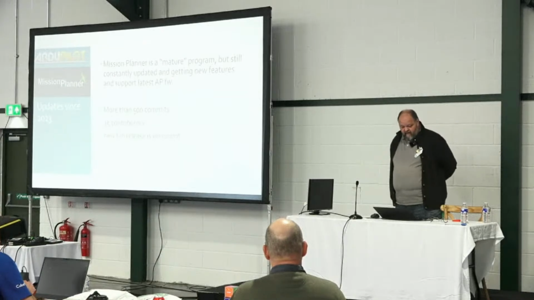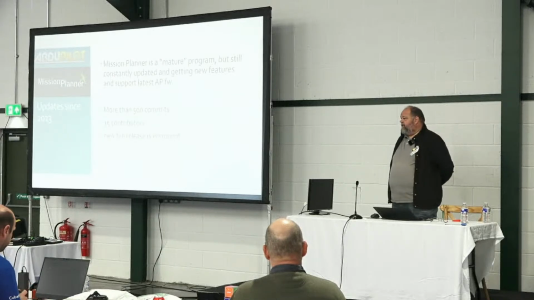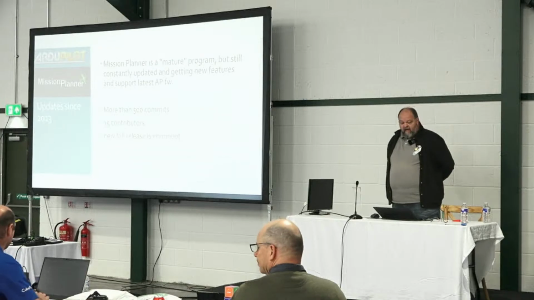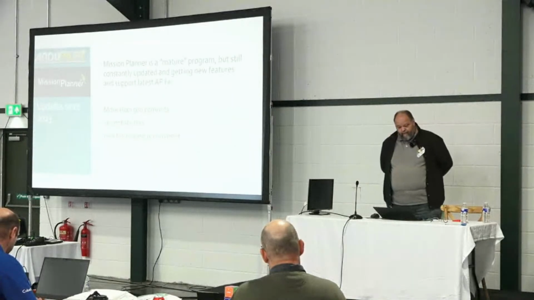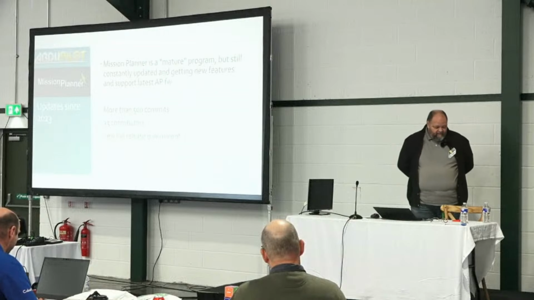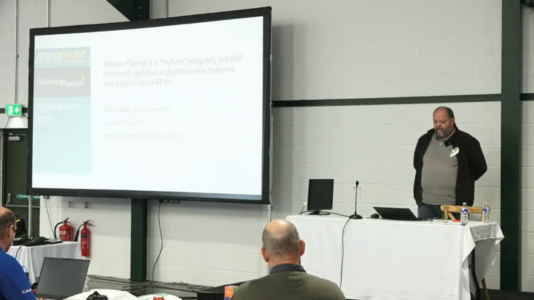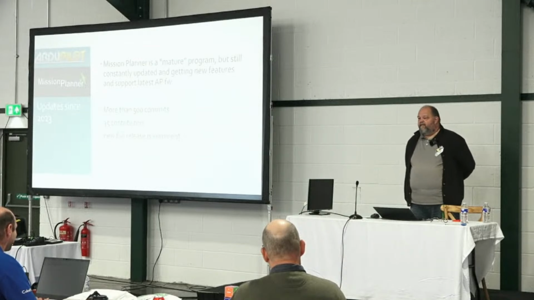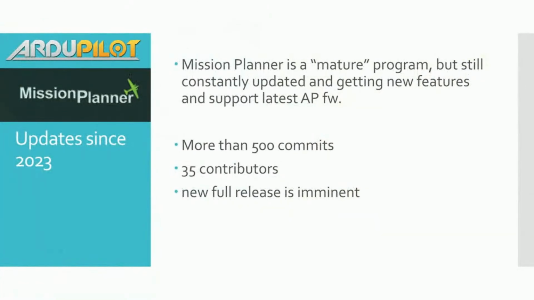Since the last update, there were more than 500 commits and 35 contributors to the Mission Planner code. And I have some sources who said that there is a new full release imminent, so it's going to be in a couple of days, weeks. But perhaps you know that the Mission Planner release cycle is a little bit strange.